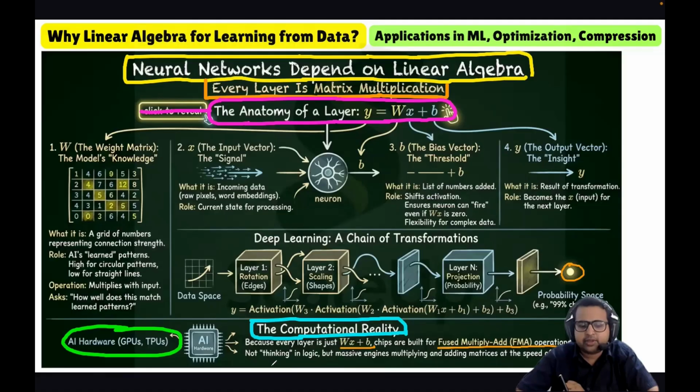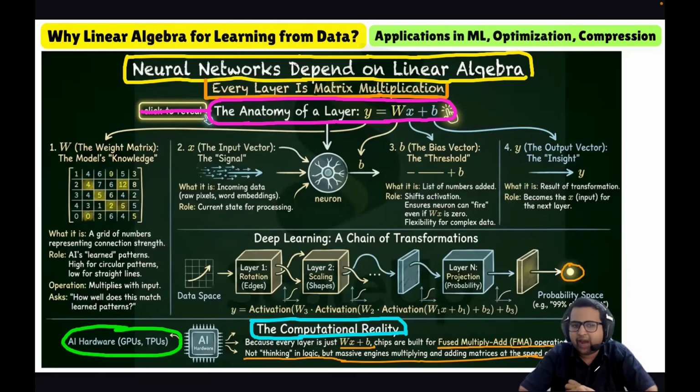So these chips don't think in logic. They are massive engines designed to multiply and add matrices at the speed of electricity. Because of this linear algebra, because of these matrix computations, we can perform large scale operations at lightning speed. So that's the main idea.